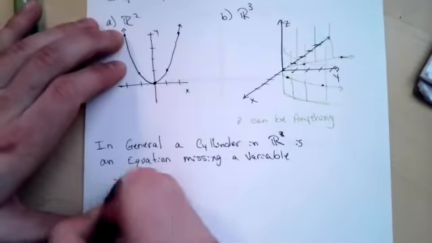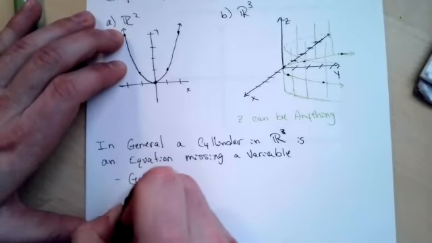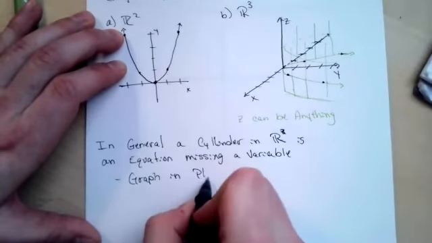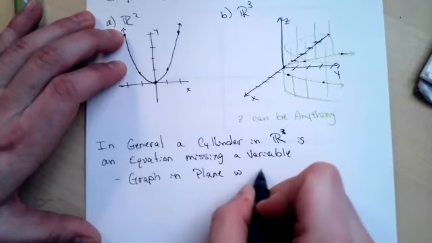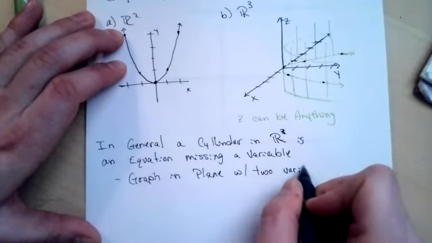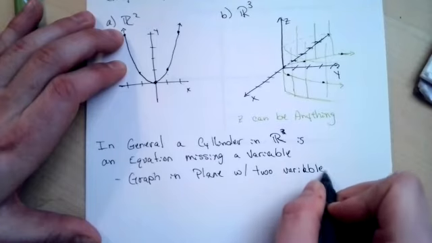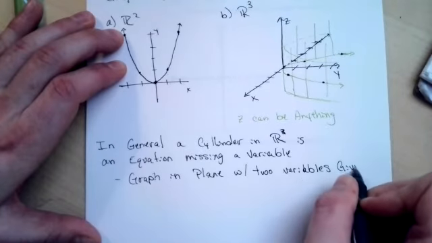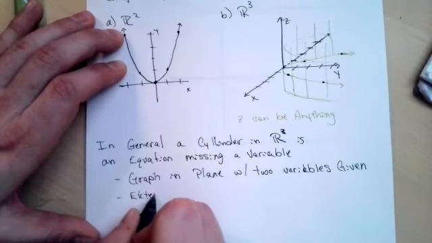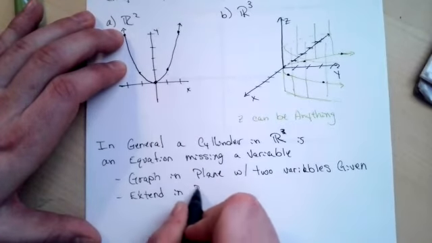So how do you graph it? Graphing the plane with the two variables given. And then you just extend it in the direction of the missing variable.